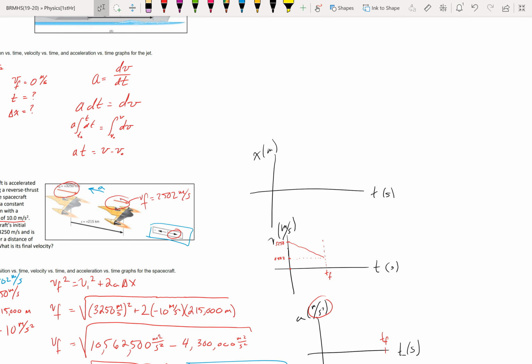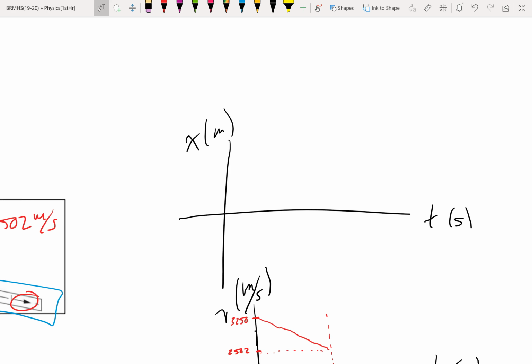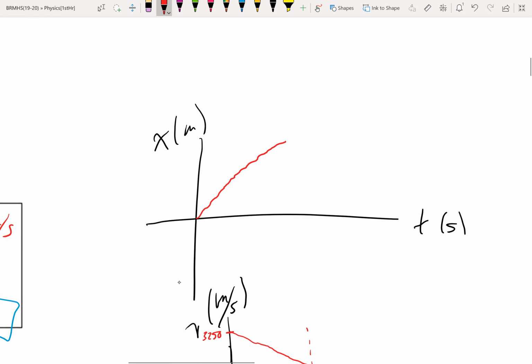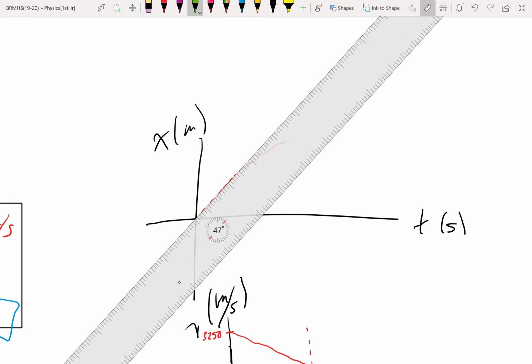So I need a relatively steep slope to begin with at position 0, time 0. And then it needs to approach a less steep slope, but it shouldn't be a flat 0 slope at the end because that would mean it came to a stop. So, let's start at the origin, please. There's pretty steep, and there's less steep. It's still a quadratic function, but I'm going to illustrate my slopes, because remember, on the position-time graph, the slope is the velocity.